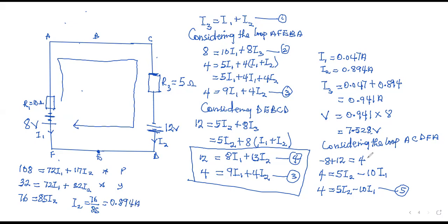And that's exactly what they got for I2. So I think you perhaps did not look at it well. Yes, sir. I found the mistake I made. Okay. Thank you. You're welcome.